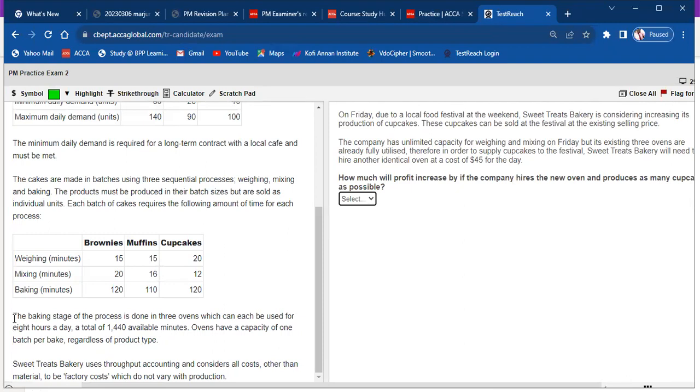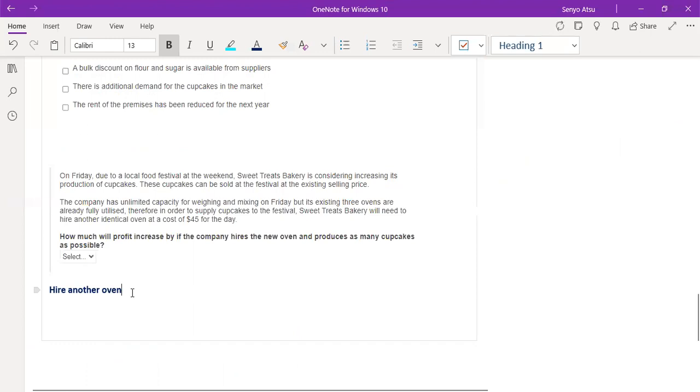The baking stage of the process is done in 3 ovens, which can each be used for 8 hours a day. So if I rent another oven, that one oven will give me how many hours more? It will give me extra 8 hours on that day.